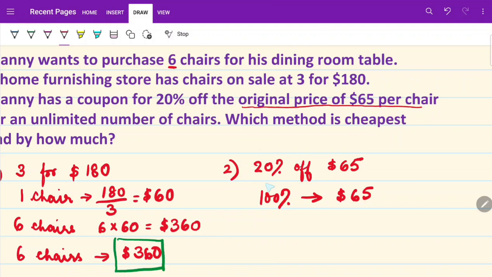Now, if you take off 20% from the 100%, how much do you have to pay? You have to pay 80%, right? 100 minus 20 is 80%. So you are essentially paying 80% of $65 for each chair, correct?